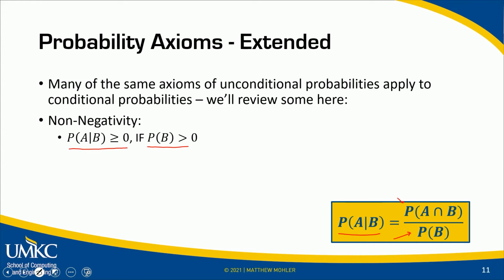Now, it can be 0, but we've said that the probability here must be greater than or equal to 0. So since it can't be negative, this axiom holds: the probability of A conditioned on another event B must be greater than or equal to 0 as long as the probability of B is greater than 0.